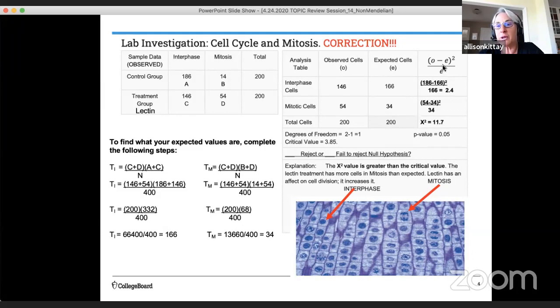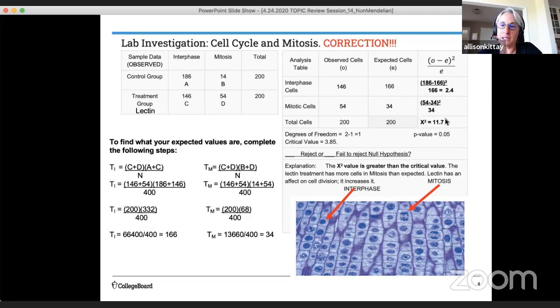And then we just go ahead and plug those into our chi-square formula, observed minus expected squared over expected. And the same thing for mitosis, 54 minus 34 squared over 34. If we add the sum of those two results, we're going to get a chi-square value of 11.7.